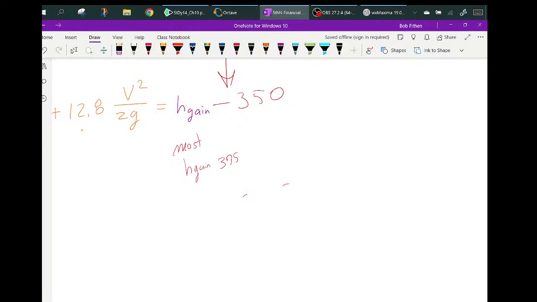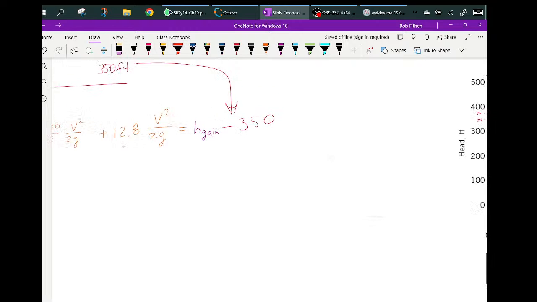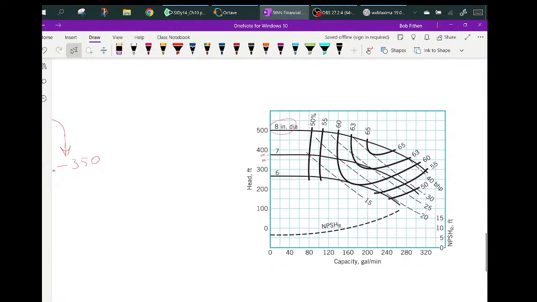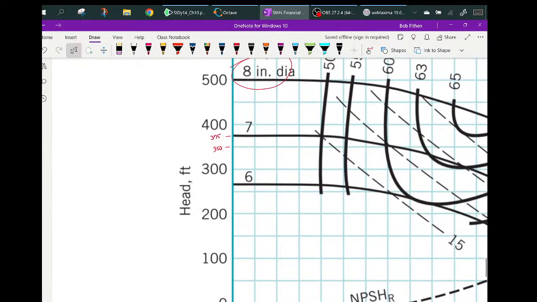And the question is, how do we put it in? Because here's what happens. This is, I'm sorry, it's a 7-inch diameter pump. It may start at 375, but as the flow rate gets out there, it starts dropping.